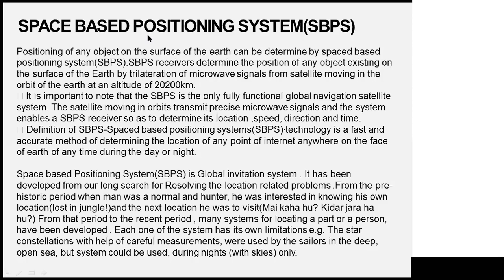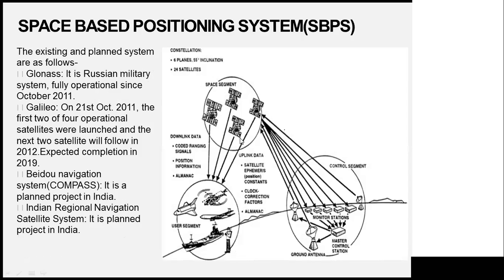It has been developed from our long search for resolving location related problems. So there are location related problems, and therefore the SBPS has been developed to give accurate results. So this is how this system works, that is the SBPS.